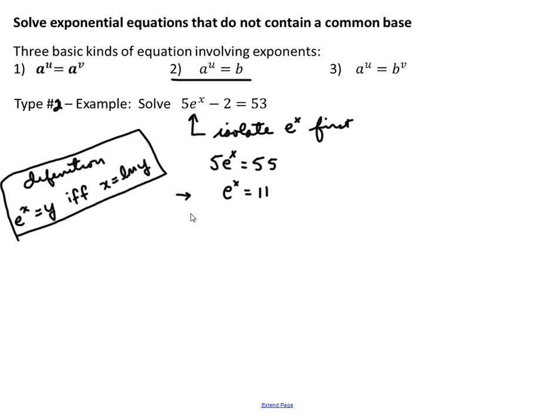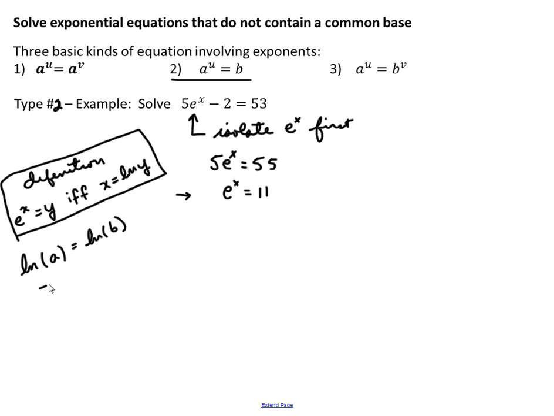Now, another way of thinking about this type of problem is that we could use a particular rule about logarithms, and it goes like this. If we have a natural logarithm of some number a, and say that it is equal to the natural logarithm of some number b, what must be true?